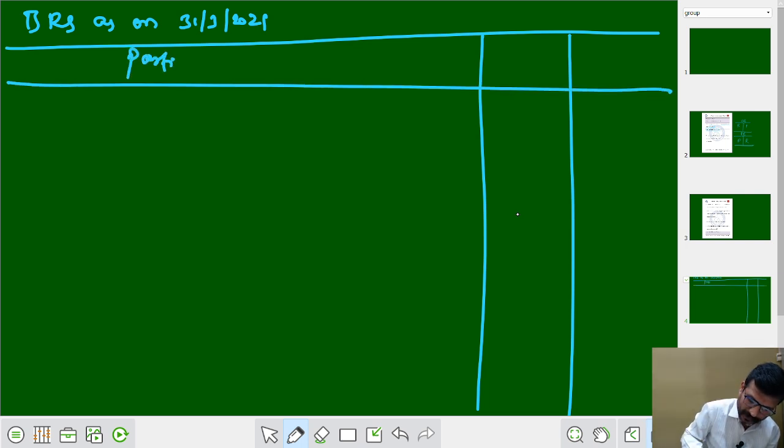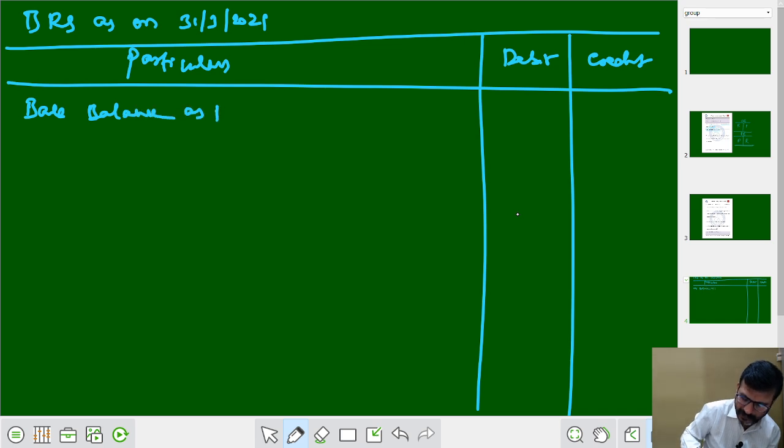Particulars, debit, credit. Bank balance as per passbook. I think they have not given the bank balance.